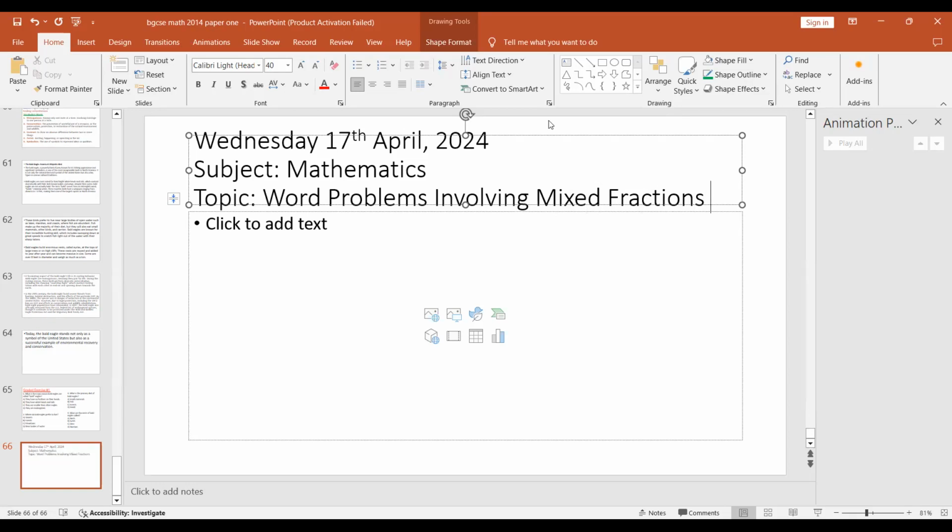So we're going to be looking at word problems involving mixed fractions. And the question says the following. So let's begin with the first question.